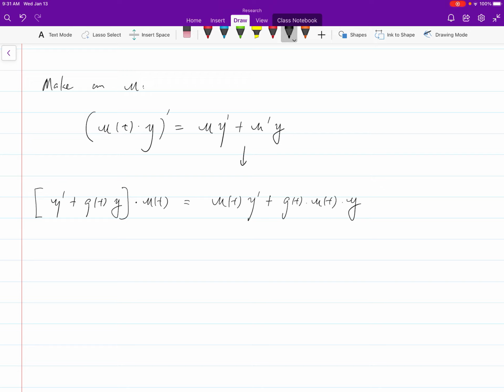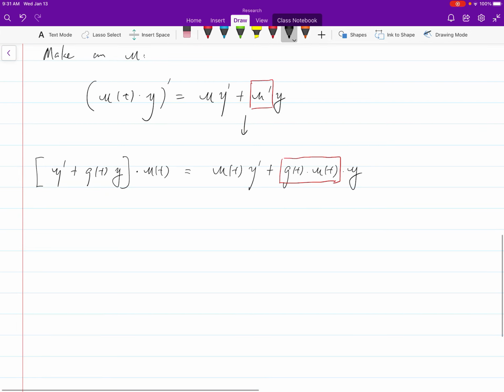Now these two look very similar. The first term is the same. The second term will be the same if this part equals this part. So how do you do that? Well, you just solve this. Can you find a mu such that this happens?